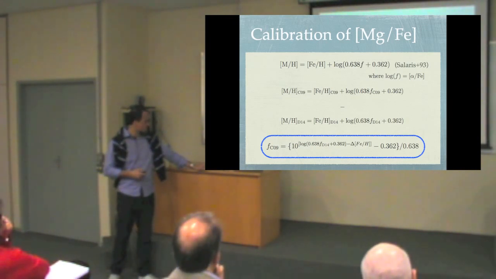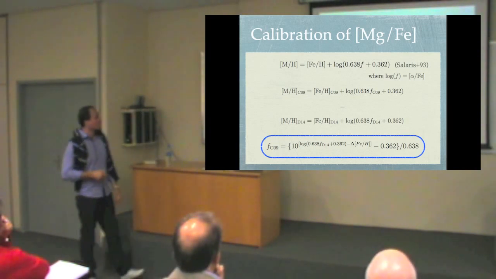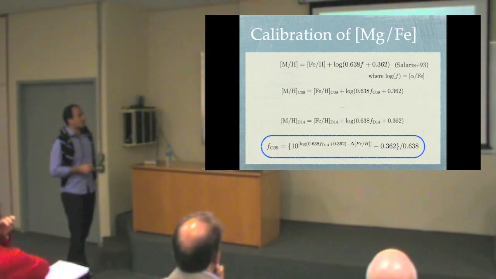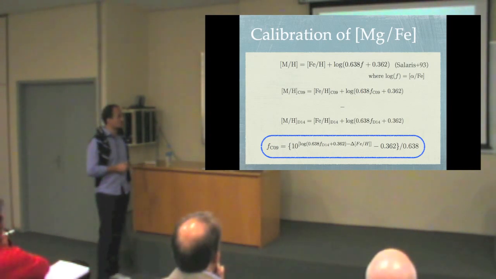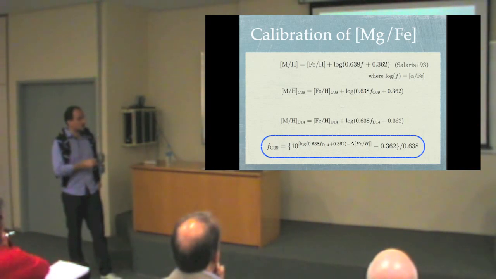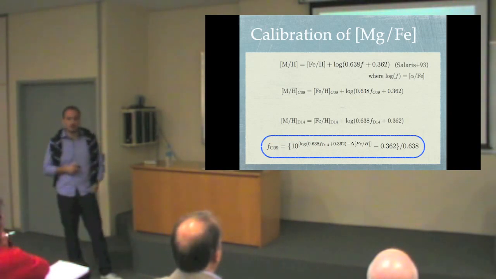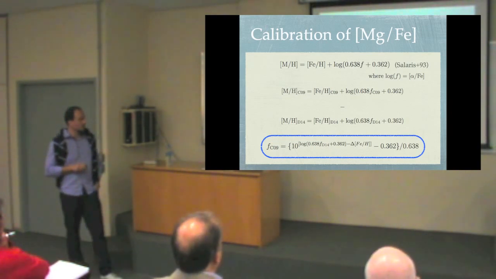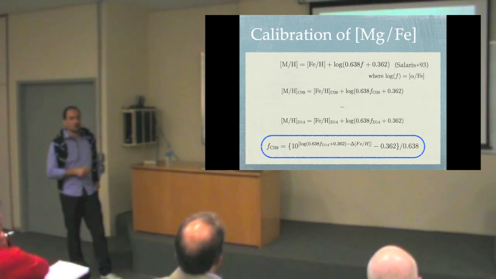So the procedure is as follows. We take this formula from Salaris. This is the total metallicity of a star, which takes into account the metallicity based on iron plus a factor proportional to magnesium. What we do here is keep this total metallicity fixed for a given star and assume that the variation in metallicity that I showed in that plot is compensated by the variation in alpha.